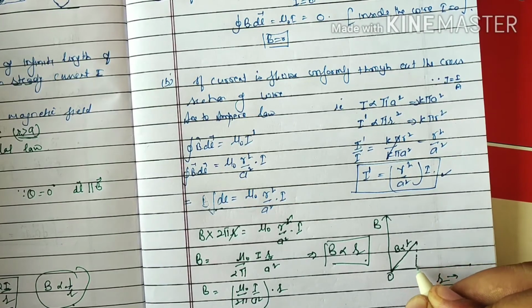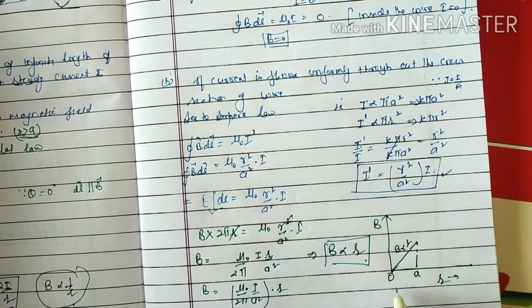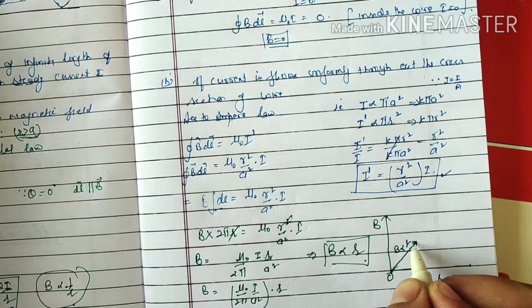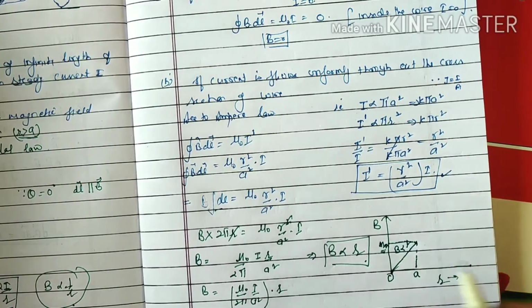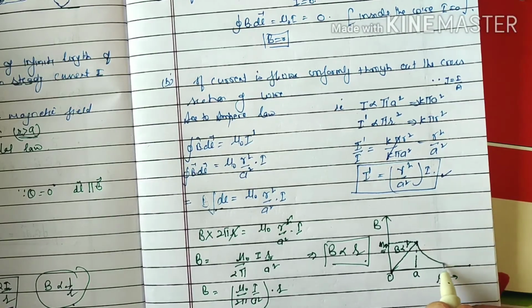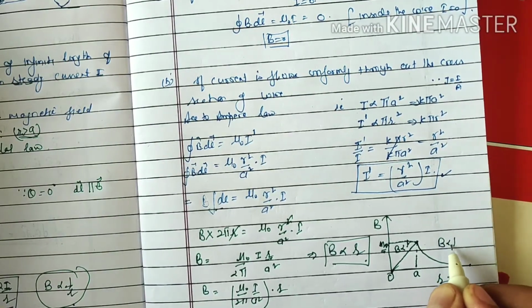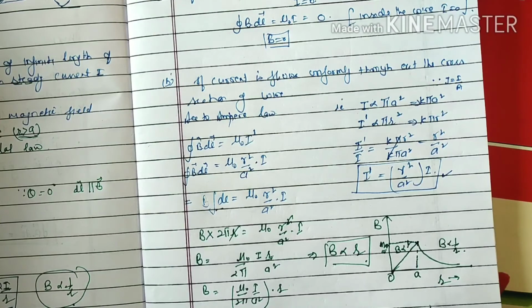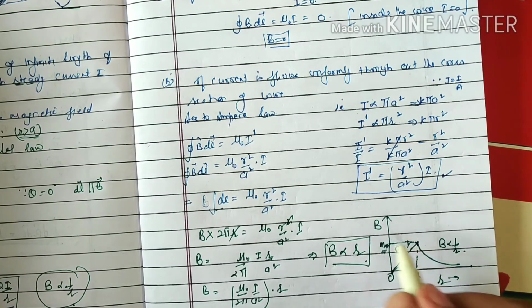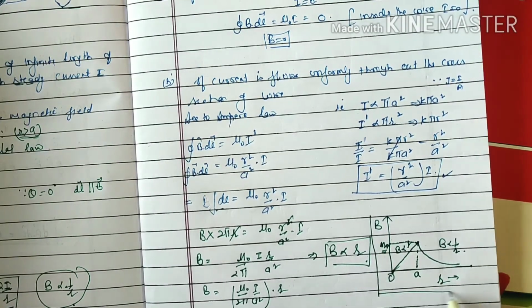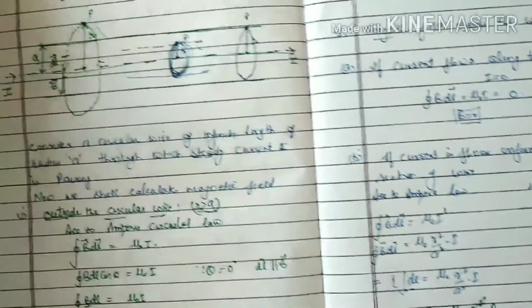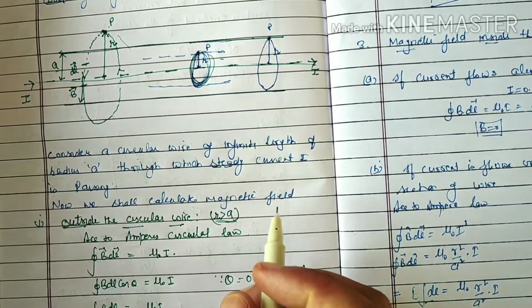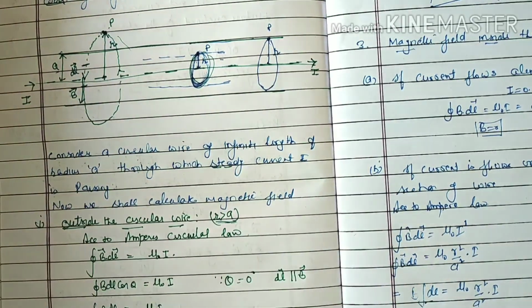Now we reach point A from the center or axis of this wire, and this is the maximum magnetic field. After that the magnetic field decreases inversely with r. So in this way we can study the variation of magnetic field with respect to distance from the axis of a circular wire. This topic is very important. I hope this is clear to all of you. Thank you.